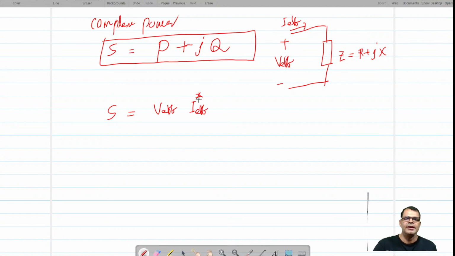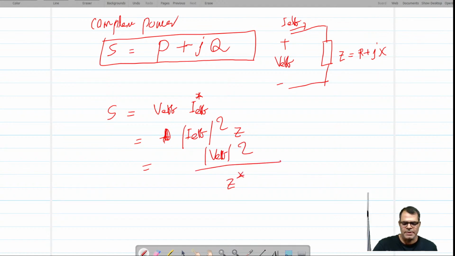Because V effective means the RMS value, you need not divide by half, and you should remember that. With a little bit of manipulation, since we always write in effective terms, you can write I effective squared into Z, that is the impedance, or the same as V effective magnitude squared over Z complex conjugate.